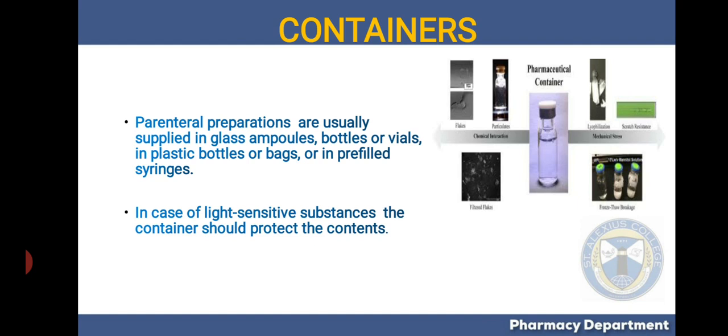For the containers naman, parenteral preparations are usually supplied in glass ampoules, bottles or vials, in plastic bottles or bags, or in pre-filled syringes. In case of light-sensitive substances, the container should protect the contents.